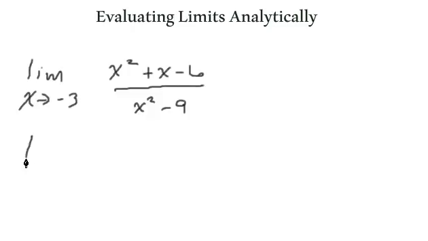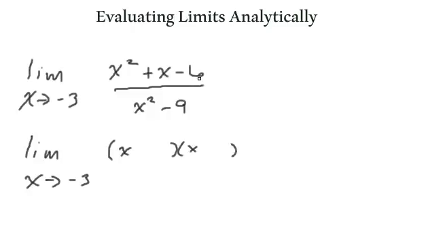So let's do that. We're going to always rewrite the limit as x approaches -3. Okay, so I'm going to factor the numerator, and this is how I always do this. I start out like that right there.